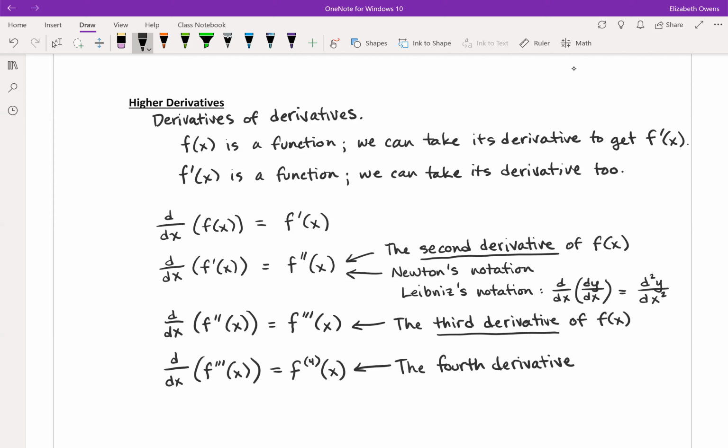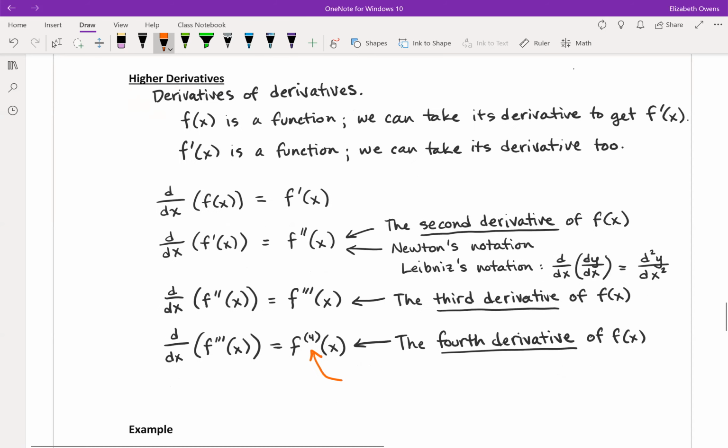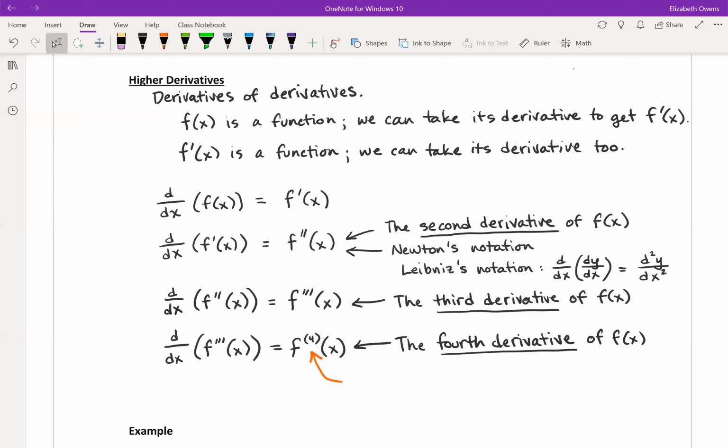Let's make a big note of that for this 4th derivative of f of x, that this right here is not an exponent. This is not f to the 4th power. This is the 4th derivative. It's just up in the superscript area where exponents would normally go. But when it's in parentheses like that, that's how you're going to tell that this is actually a derivative. So this is different notation. And make yourself a little note that this is not an exponent, because that could really mess things up if you mistake the two of those.